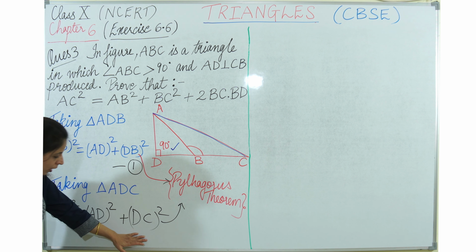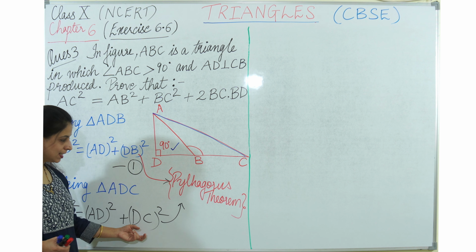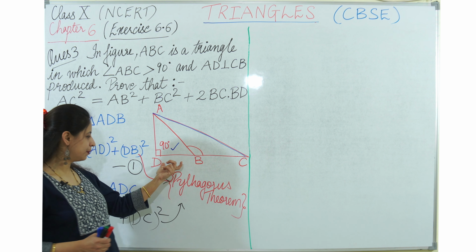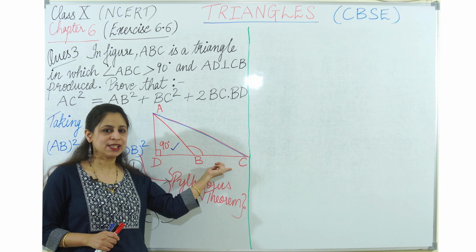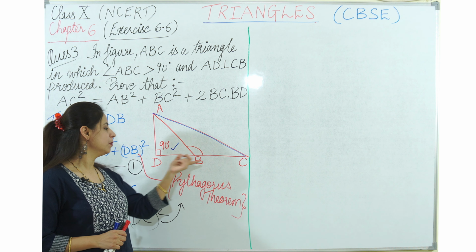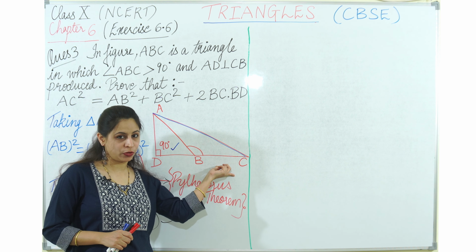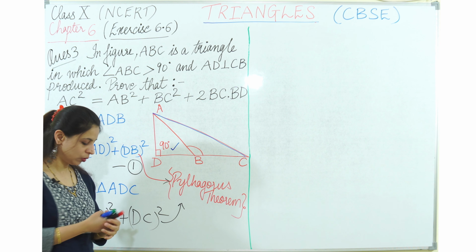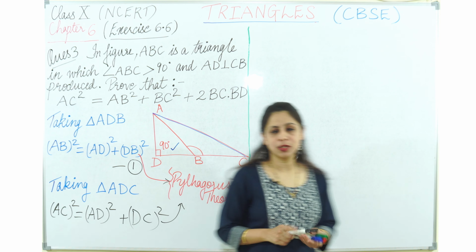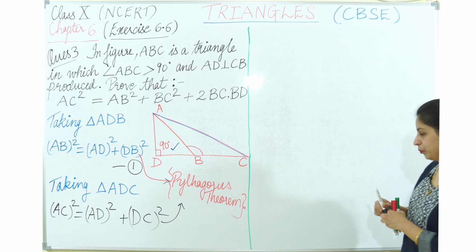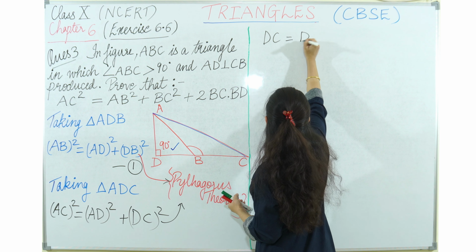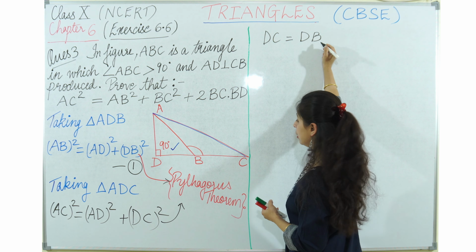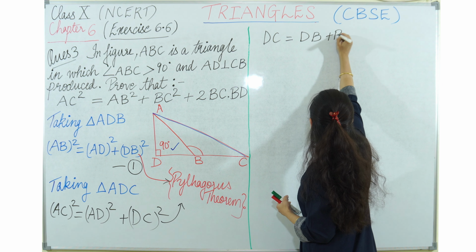We can now clearly see that DC is comprised of DB and BC. So in place of DC, we can easily write DB plus BC. Let us substitute the value of DC. So DC is equal to DB plus BC.